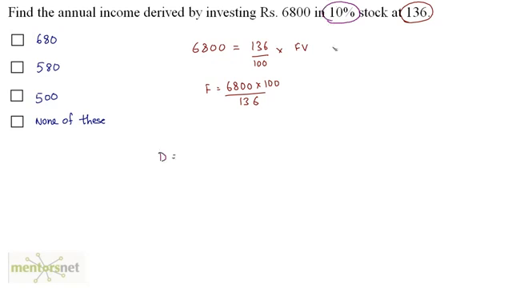So dividend is equals to 10% of the face value, that's 10% times 6800 times 100 divided by 136. This 100 and this 100 go out. So this is equals to 10 times 6800 by 136. If you solve it, you'll get 500 as the answer. So 500 rupees is the annual income derived by investing this much amount. So option C is the correct answer.